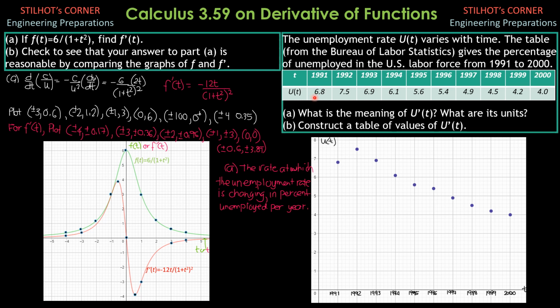So we plot U of d: 6.8, which is here, when the year is 1991, 1992 7.5, 1993 6.9, 1994 6.1, 1995 5.6, 1996 5.4, 1997 4.9, 1998 4.5, 1999 4.2, then 2000 4.0.